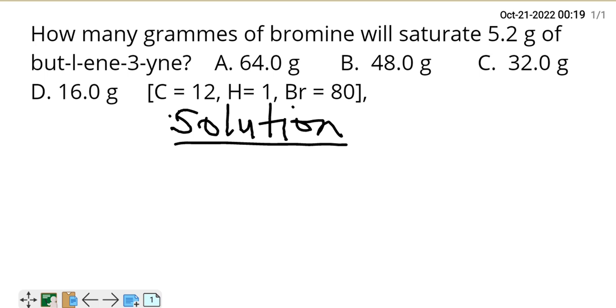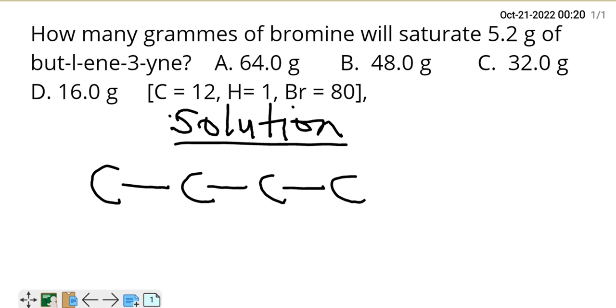So in writing the equation, we know that bromine is diatomic, that will be Br2. But then what will be the structural formula and the chemical formula for but-1-en-3-yne? Let's determine the structure for that first. From this "but", we know that the chain has 4 carbon atoms.